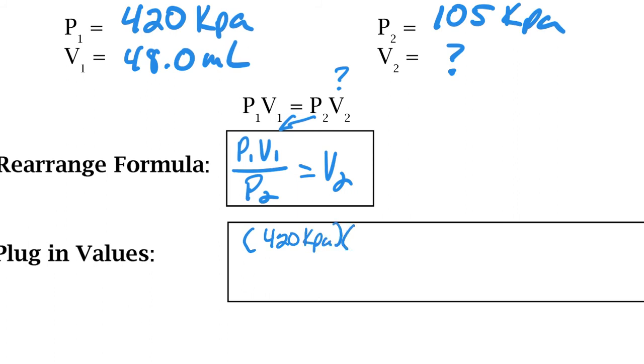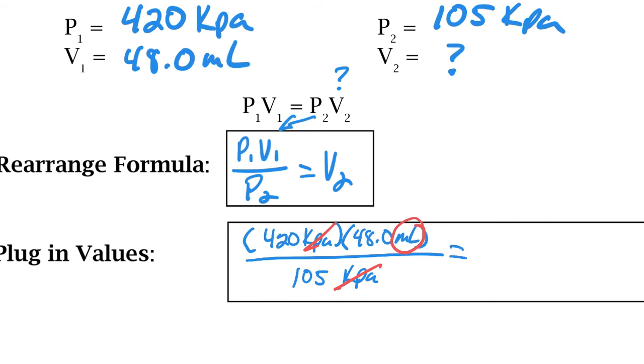I'm going to multiply that by my V1, which was 48.0 milliliters. P2 was on the bottom, 105 kPa. Now notice that your units are canceling out here. The only unit I'm left with is milliliters, so that's going to be the unit in my answer. When I put this in the calculator, I get 192.